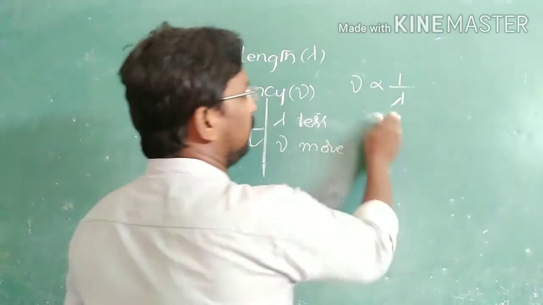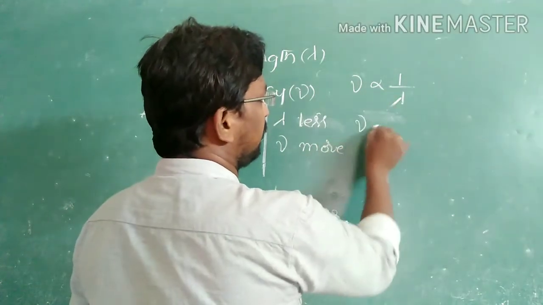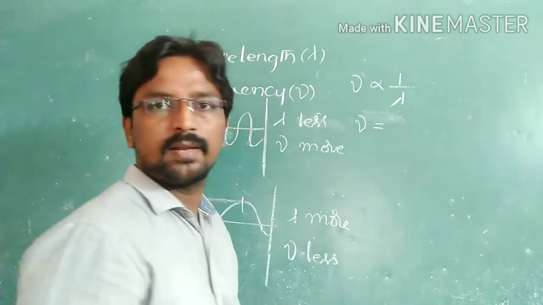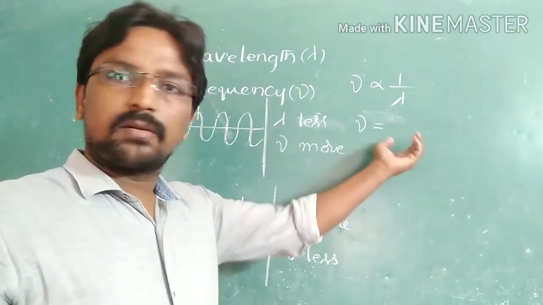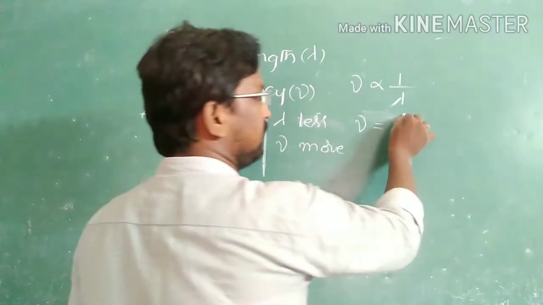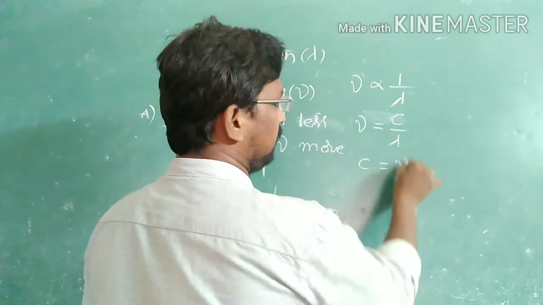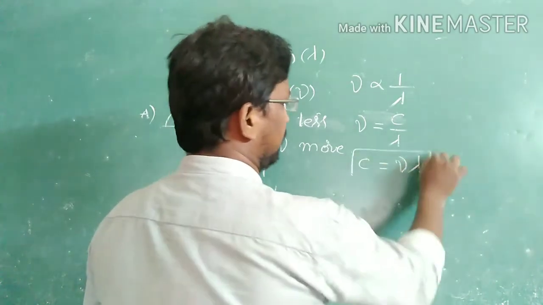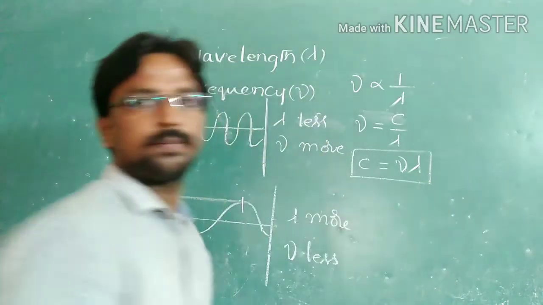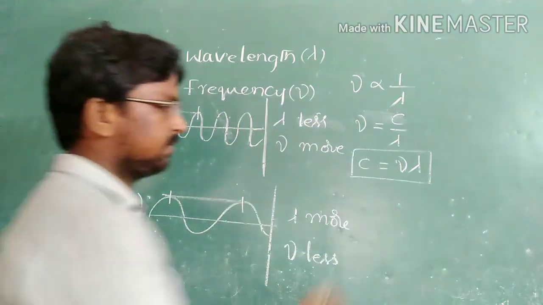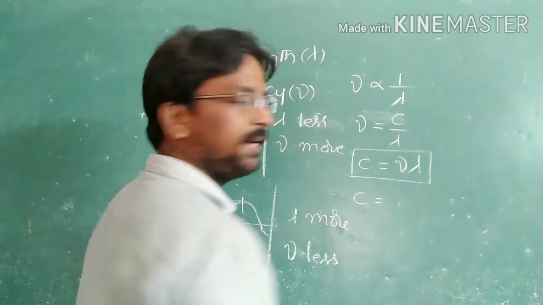By substituting a constant here, we get c by lambda, so we can write c is equal to nu lambda. What is c here? c is the speed of light in vacuum.